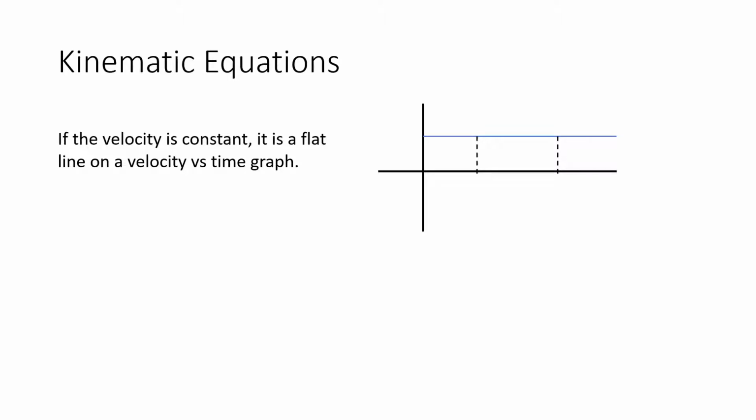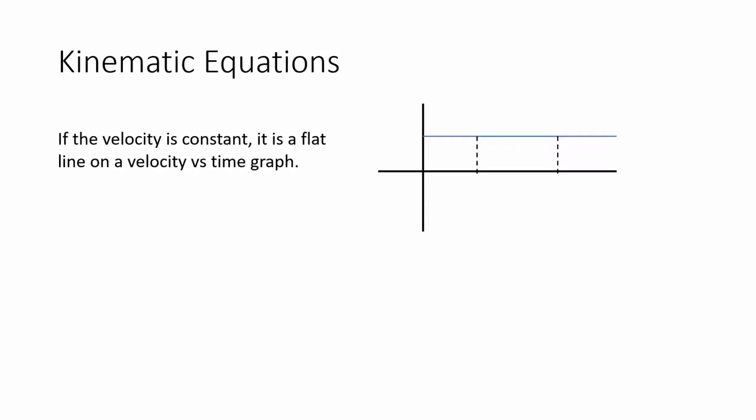Last time I said if you are moving at a constant velocity, the velocity is the same value, and so it will be represented as a straight line. That's this blue line up here on the top.